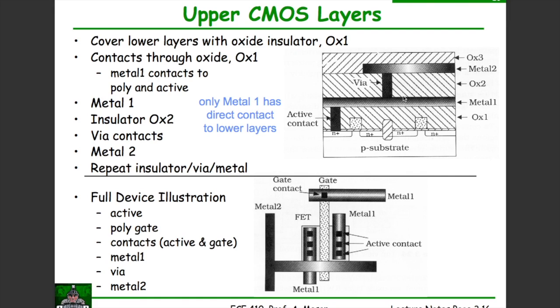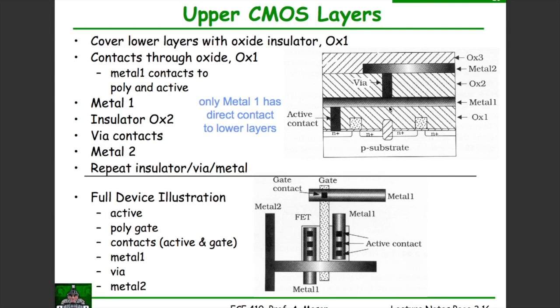Okay, so now this is the task. I have already told you that between the metals there is an insulator. So suppose I want to connect metal 1 with metal 2, I have to use via. So this vertical connection is via. In my problem, I have metal 1, and on top of it somewhere I have metal 4.